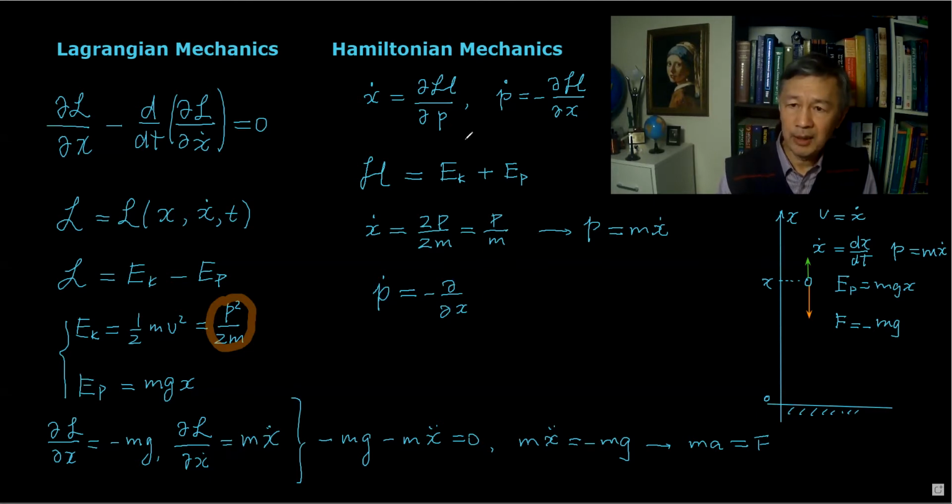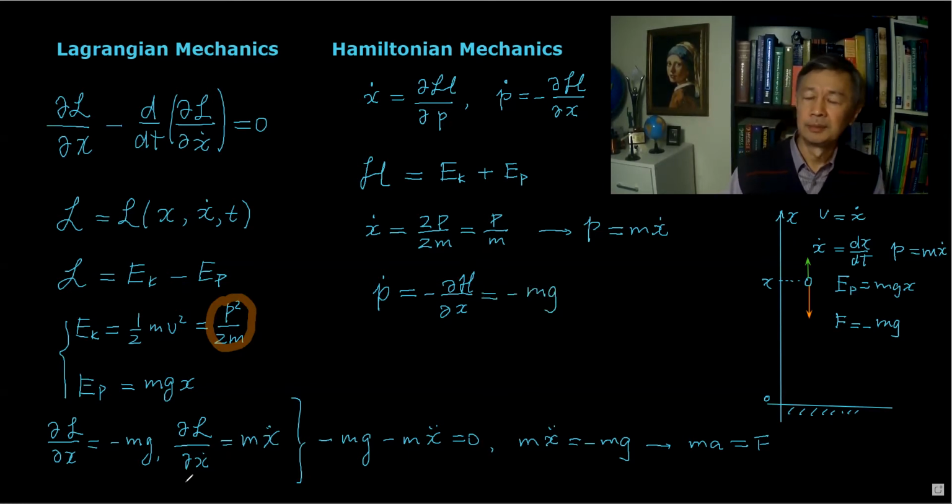With H the Hamiltonian, the kinetic energy is independent of the coordinates, hence its partial derivative with respect to the coordinate is 0. So we still use the formula for the potential energy, and the partial derivative of the Hamiltonian with respect to the height will simply equal mg.